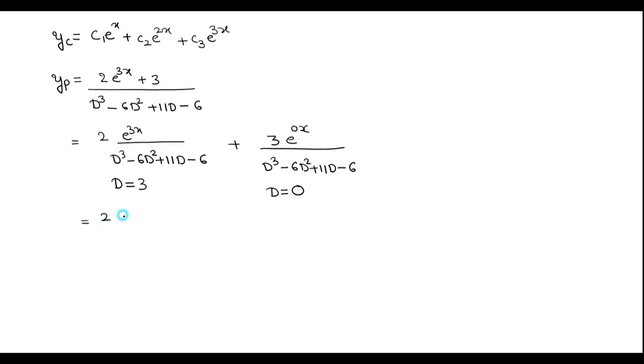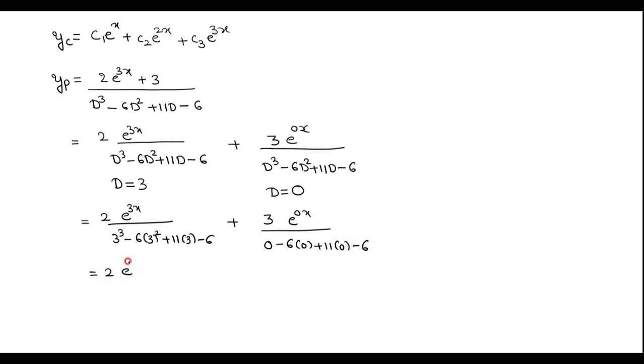So take 2 e raised to 3x divided by 3 cube minus 6 into 3 square plus 11 into 3 minus 6, plus 3 into e raised to 0x divided by 0 minus 6 into 0 plus 11 into 0 minus 6.